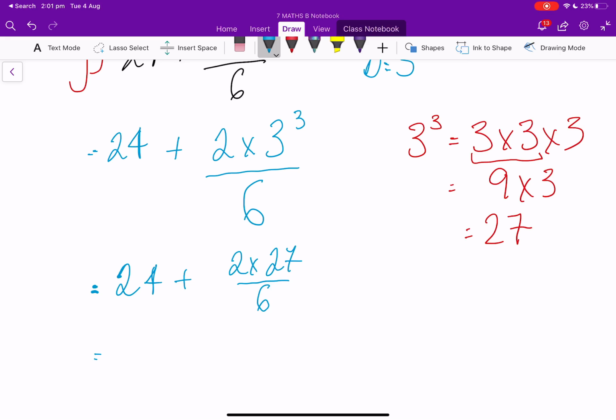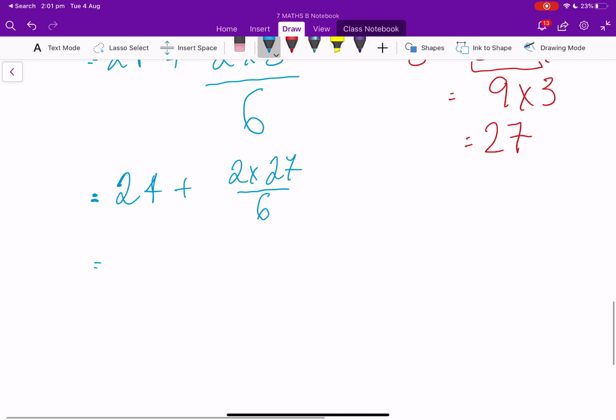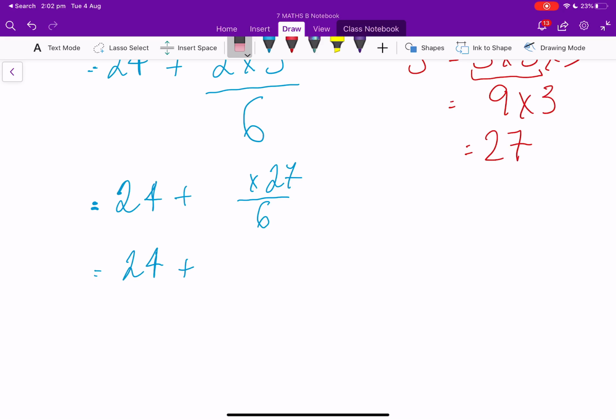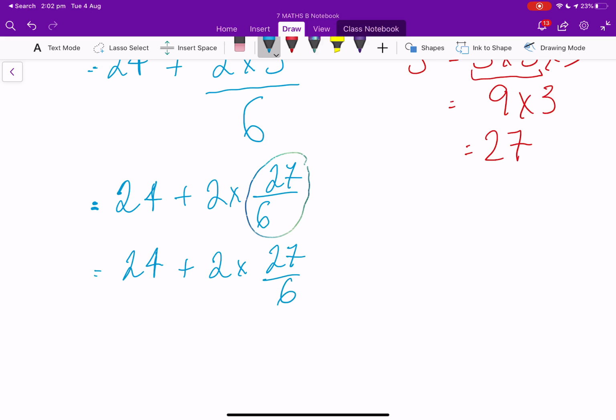What we're now going to work out is 24 plus, I'm sorry, I've made a little mistake. This should not be part of this. This should be plus 2 times, and this bit should be by itself. Okay, so 2 times 27 over 6.